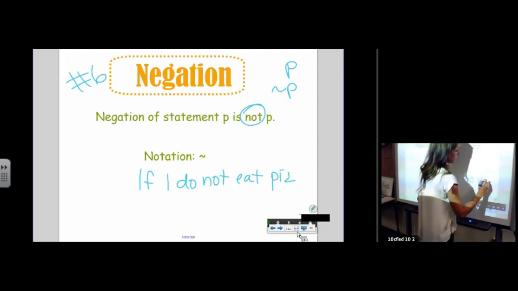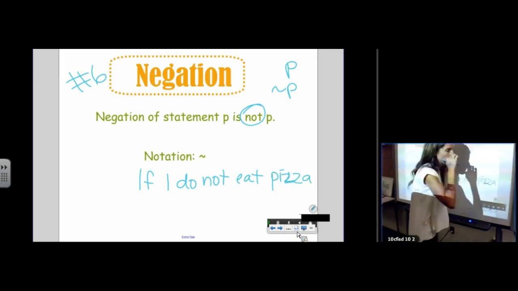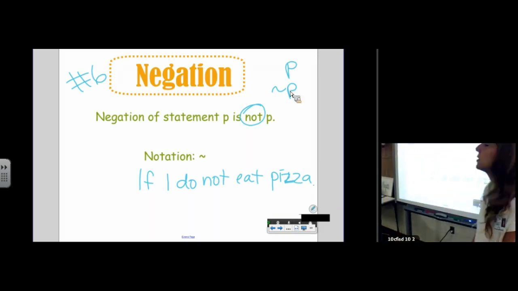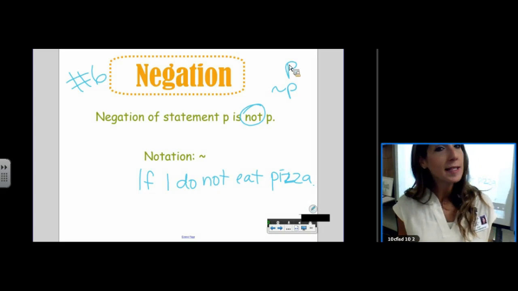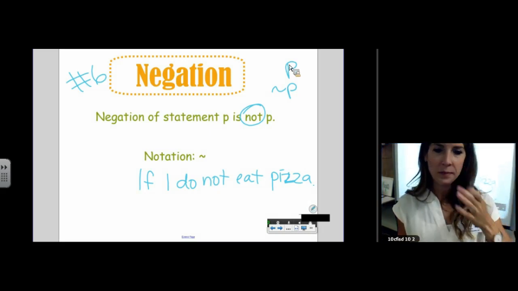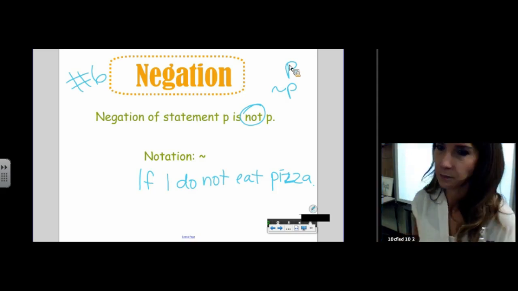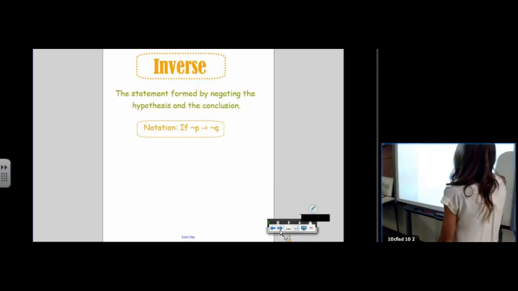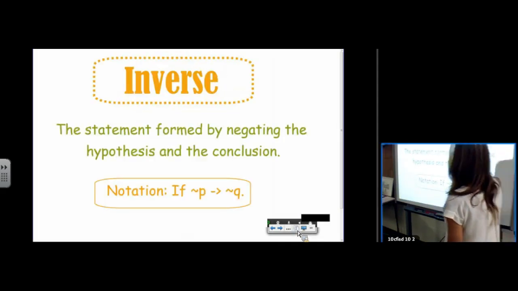It doesn't matter. As long as you understand that negation means you put the word not in front of it. So if your statement was, if I eat pizza, the negation is, if I do not eat pizza. Yes, Chisholm, yes. All right. Next word is inverse.